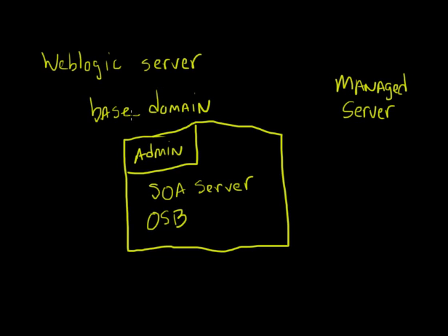So you can think of a domain as just a way of grouping together a whole bunch of different software. When you first install the WebLogic server and create this base domain, all you're really creating is a simple domain that has an admin server, and it doesn't really do anything else. So in and of itself, it's not terribly useful.